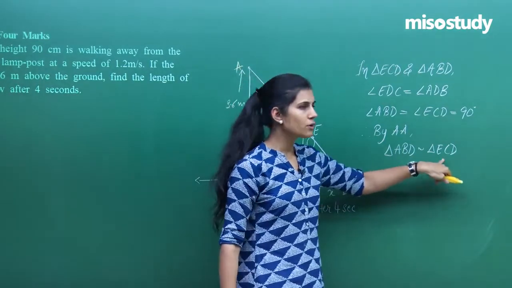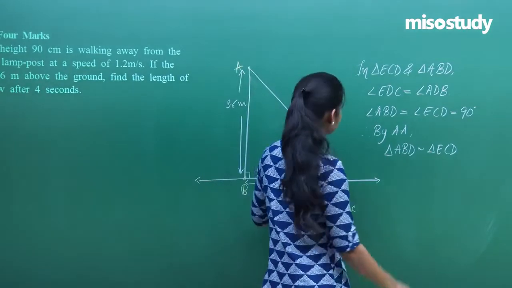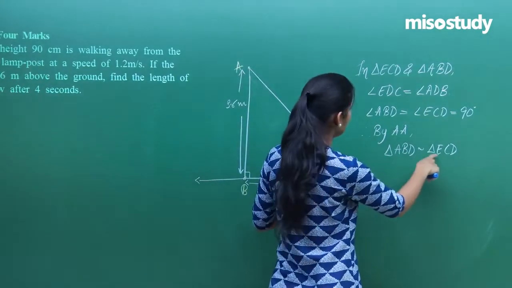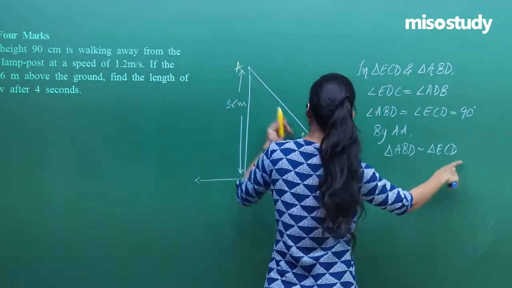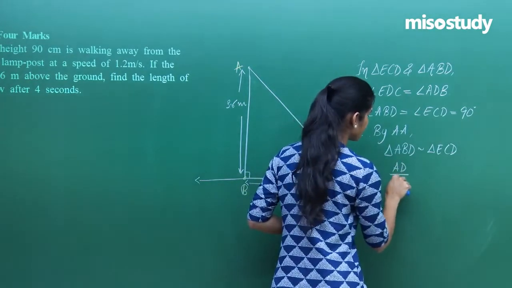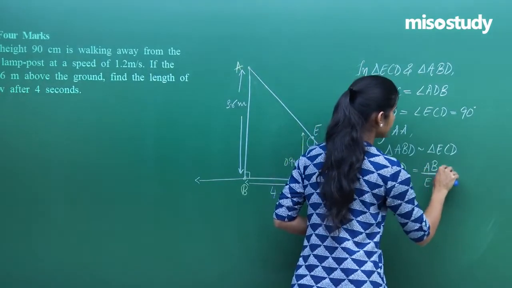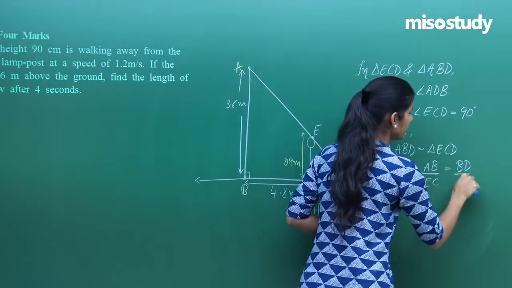Their corresponding angles will be equal and corresponding sides will be proportional. So you will have AD upon ED is equal to AB upon EC is equal to BD upon CD.